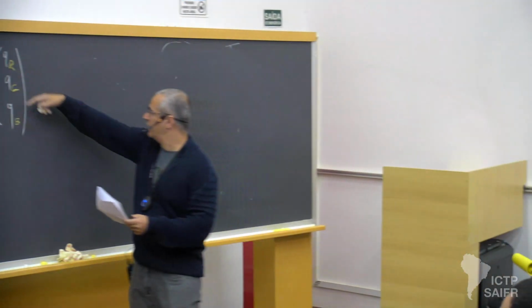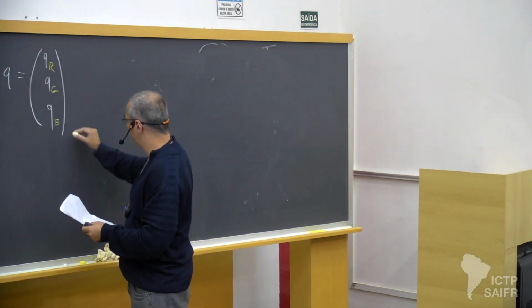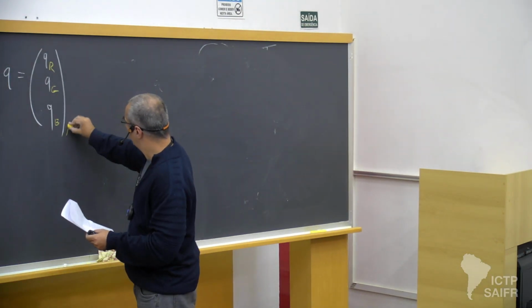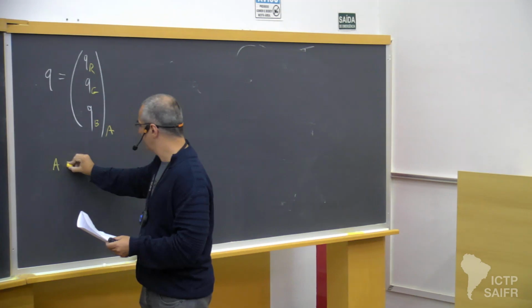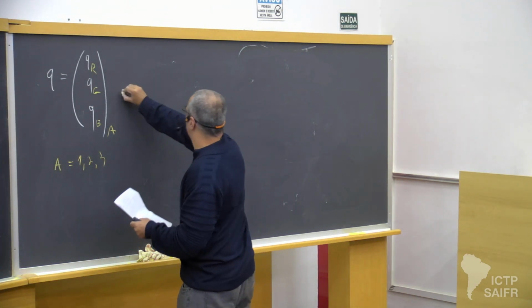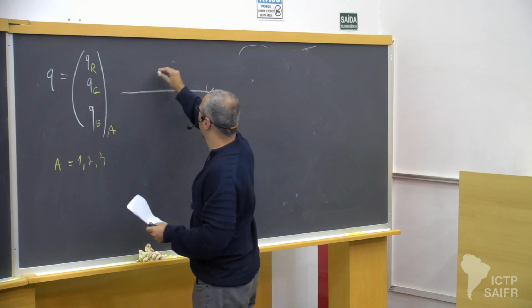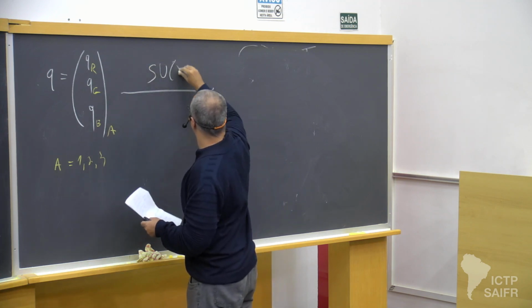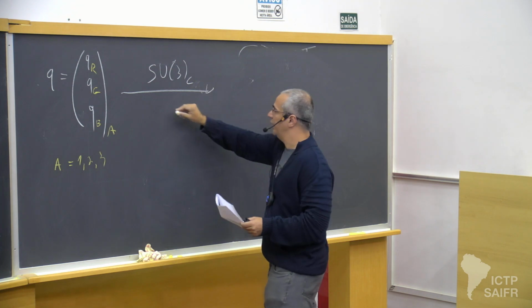So this is a thing that has an index now that goes from 1 to 3. And it transforms under the fundamental representation of SU(3) color, as we call it, and it is a local one.